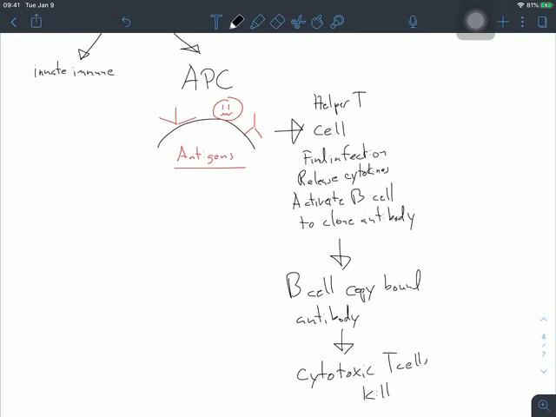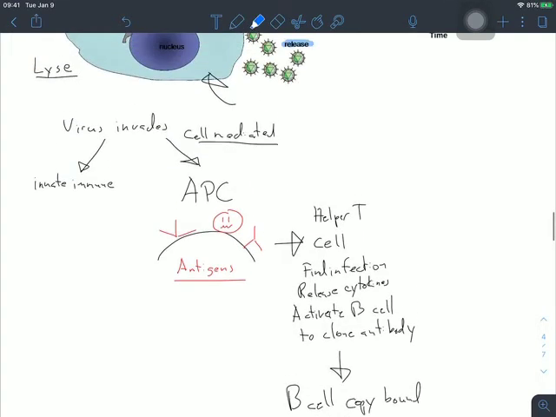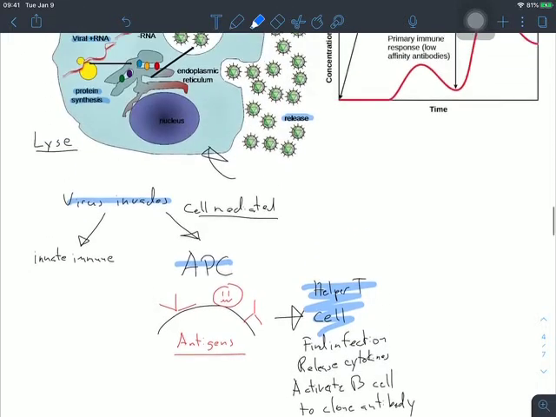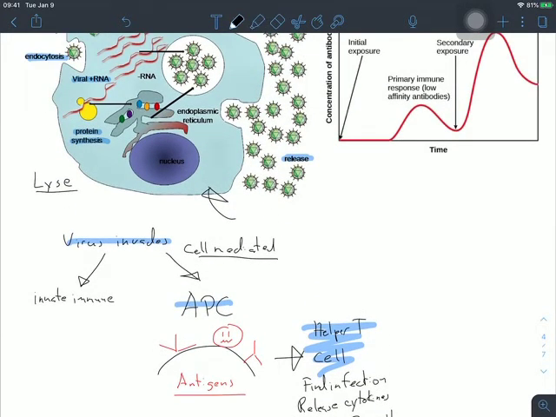And so you've got this kind of two-pronged attack. Virus coming in, it's identified, the helper T cell is going to arrive on the scene, start some sort of response, hopefully tell the B cells, find an antibody, and attack it while it's floating around, so that way the B cells can focus on the free floating with their humoral response.